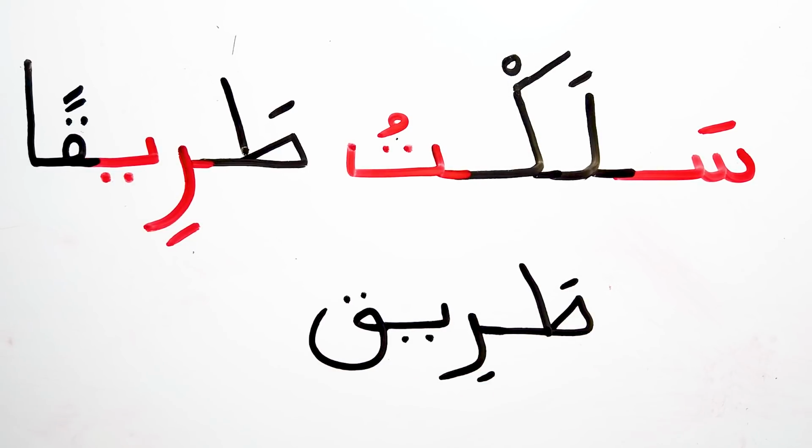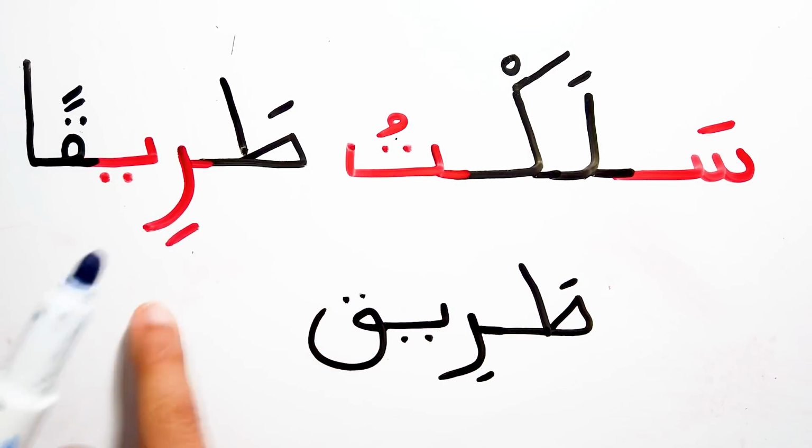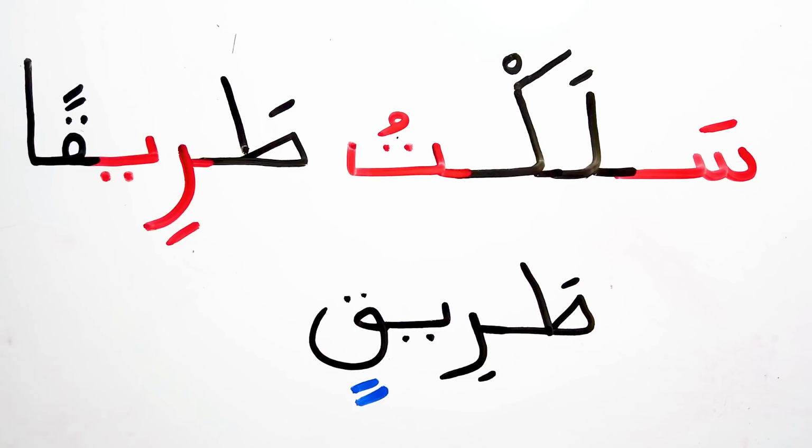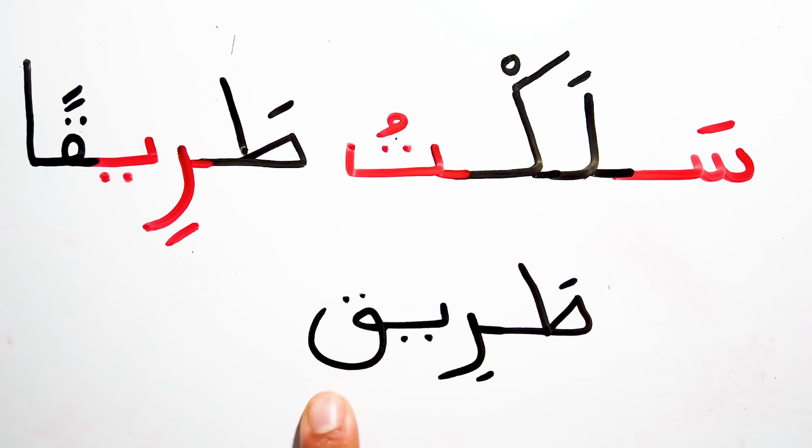Here it is طريقا with tanween bil fatha. If I add double dhamma here, it will be طريقٌ. If I remove it and add double kasras, it will be طريقٍ. So the same word could be with tanween bil fatha, kasra or dhamma, depending on the position in the sentence: after a preposition, a subject, or an object. This is the point.